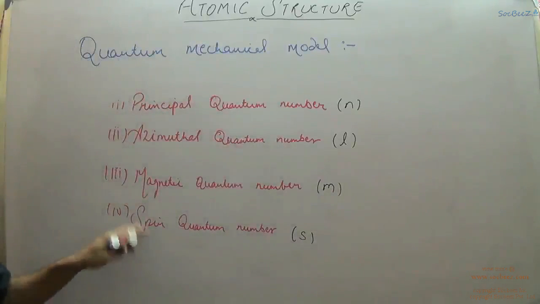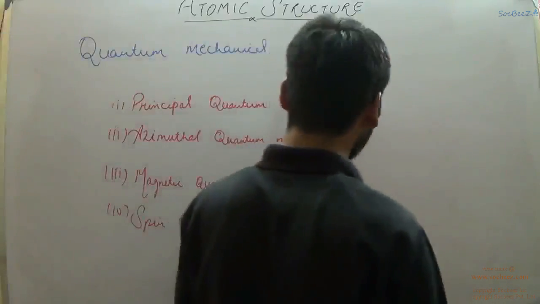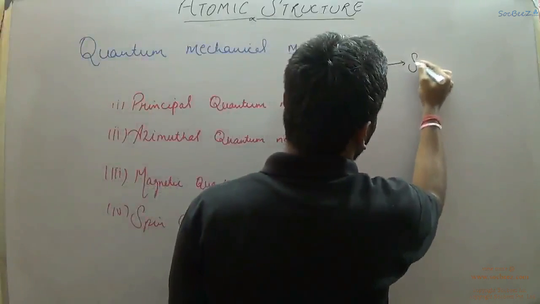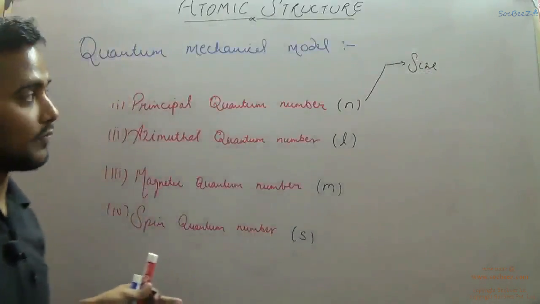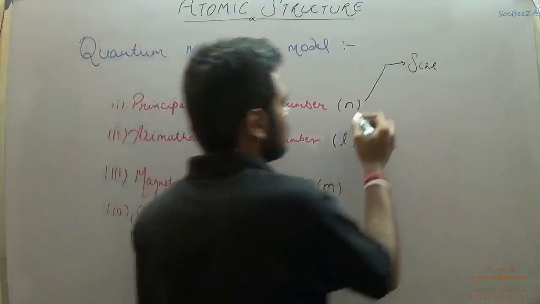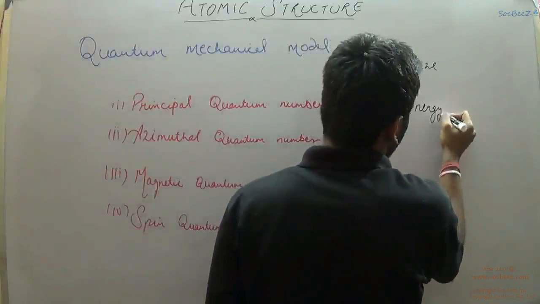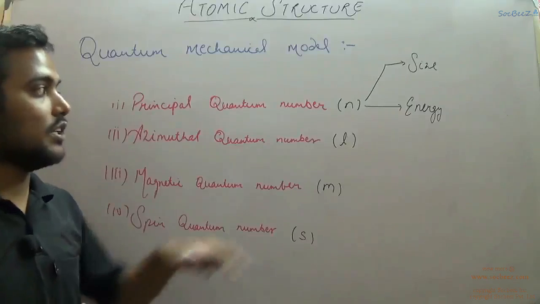Here, the principal quantum number basically tells us about the size of an atom. It tells you about energy, that is, the energy state in which the electron resides.